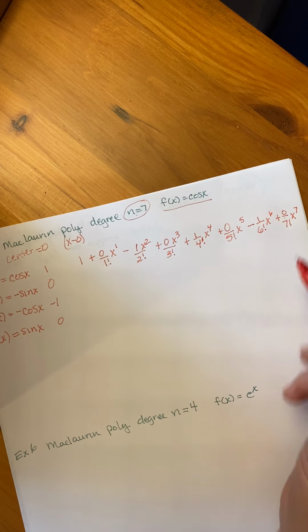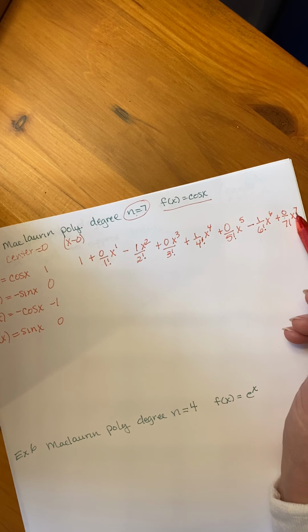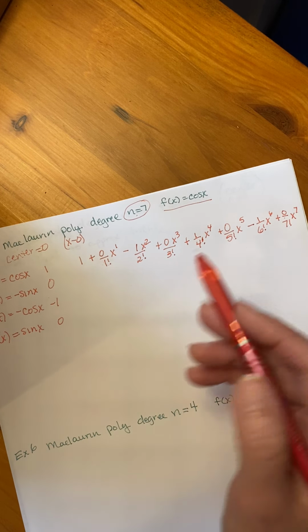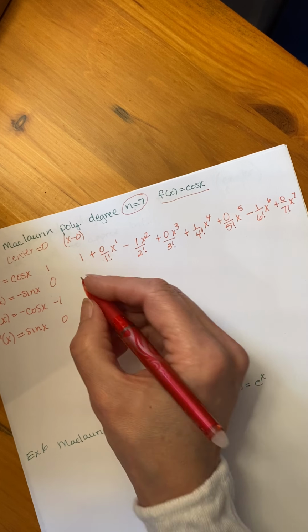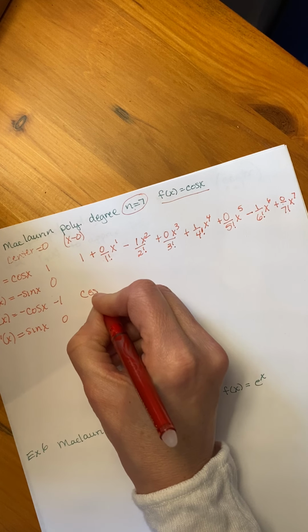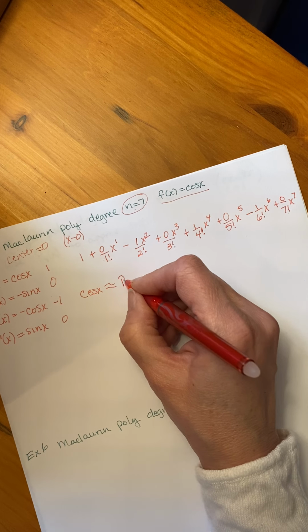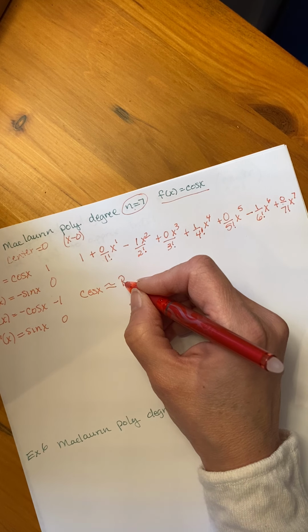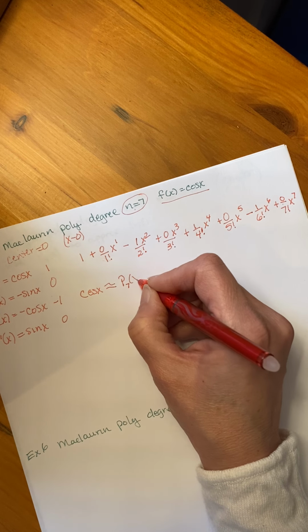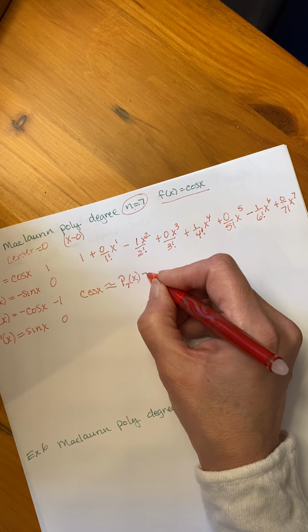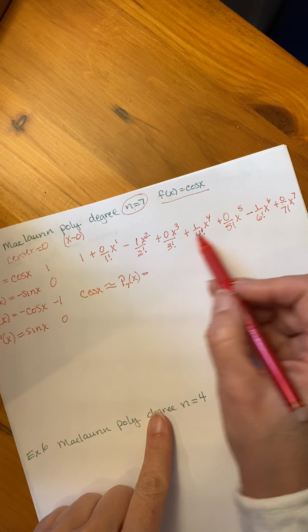Okay. So what's going to happen with our 7th degree term is that's going to be 0, isn't it? So we're just going to write this cosine out like so. Cosine x is approximately, we can predict it with a polynomial of degree 7, which there isn't a 7th degree, and that's going to equal, let's get rid of all those zeros.